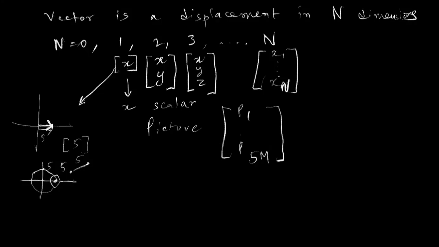Each pixel is a value between, let's say, 0 and 255. Now, this list of pixel values is actually lying in an n-dimensional space of 5 million.